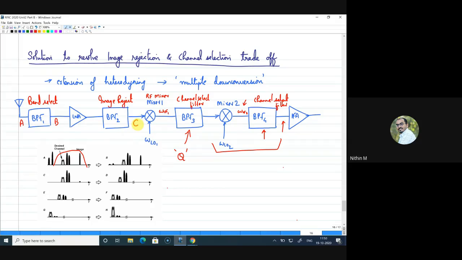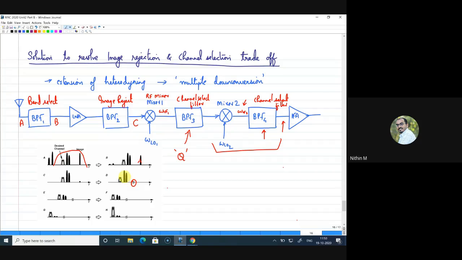This is actually C, right? So band selection is done here. Then after the band pass filter, your images are removed to this extent, right? Then you are doing mixing, right? That is why this operation is shown. Actually, it has moved to a lower frequency part of the spectrum. So we have the desired signal and the in-band interference.